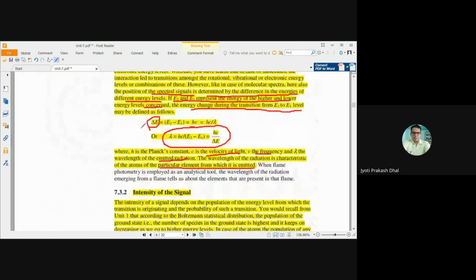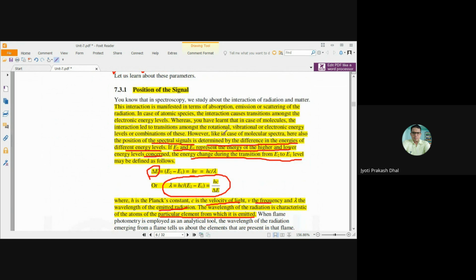So this is the position of the signal. From the position of the signal we can find out the frequency or wavelength of the emitted radiation from the sample, and from that we can know which atoms or which elements are present in the sample.